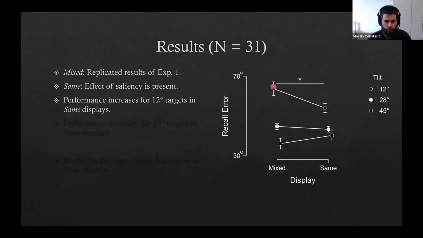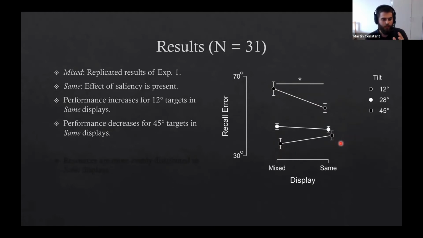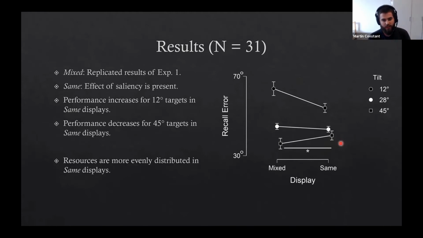It goes from pretty bad to quite accurate qualitatively, and it also decreases for 45-degree targets in the same displays. So that means that each 45-degree target gets less of the pie, basically of the resource pie, and each 12-degree gets more of the same pie.